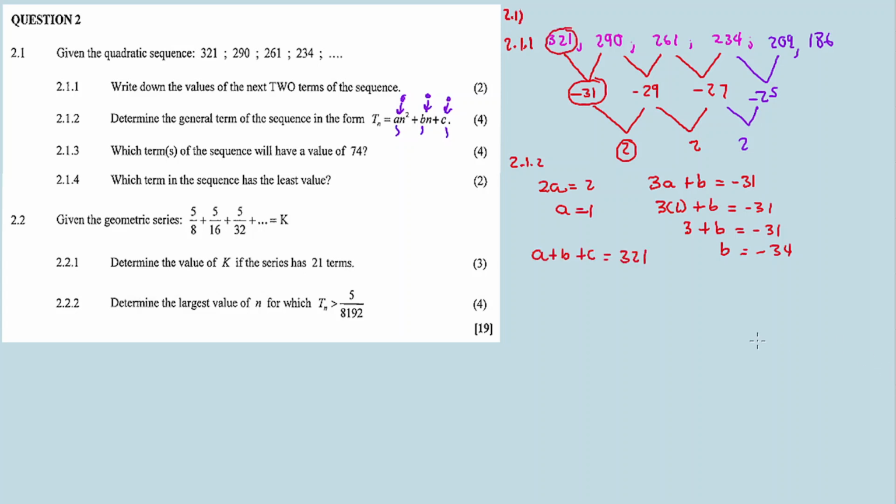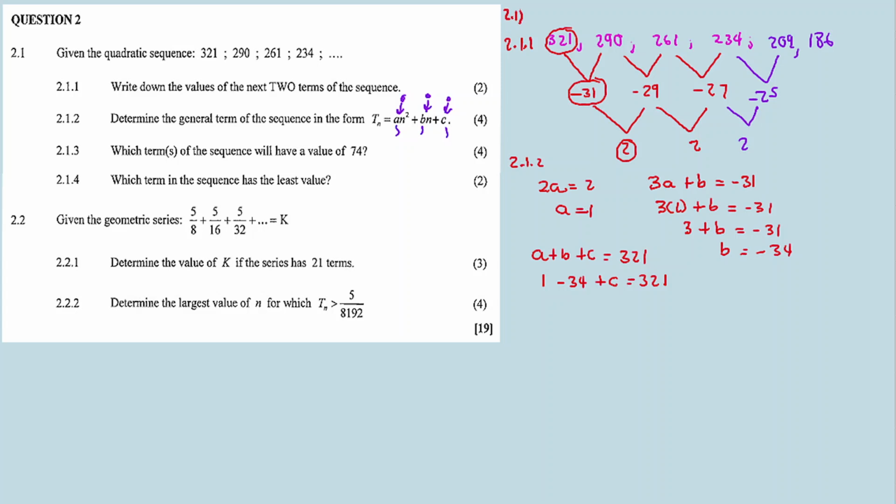Then we calculate C using this formula, A plus B plus C, which is equal to 321, which is the first term found in the branch. We substitute A is 1, B is minus 34, C unknown, equal to 321. What is 1 minus 34?